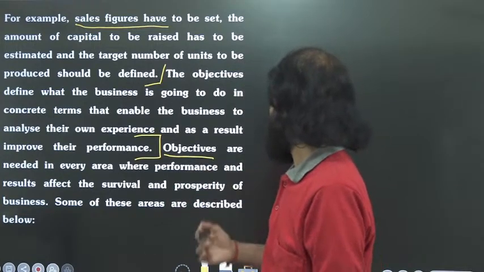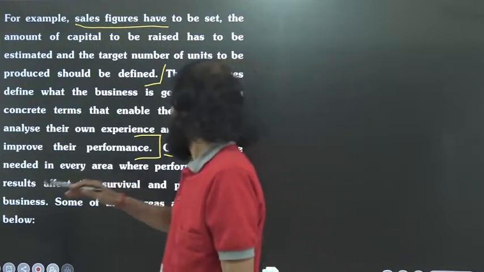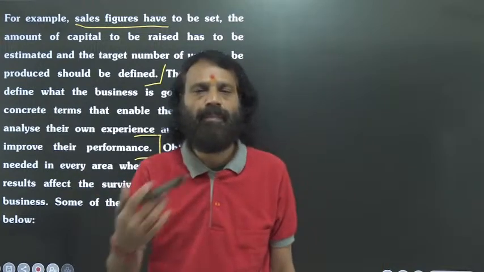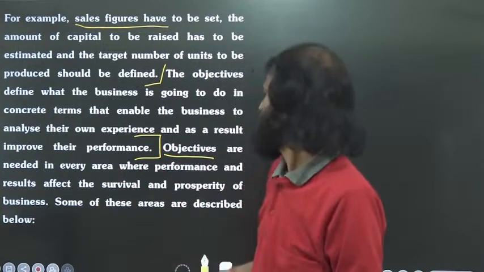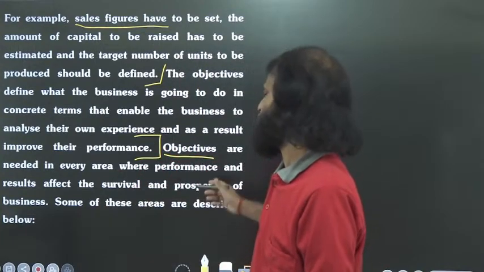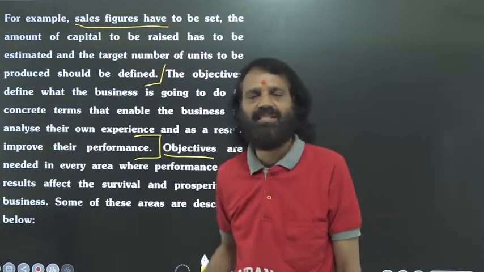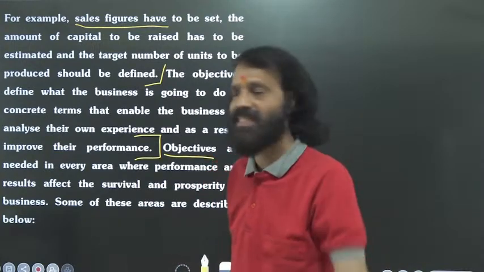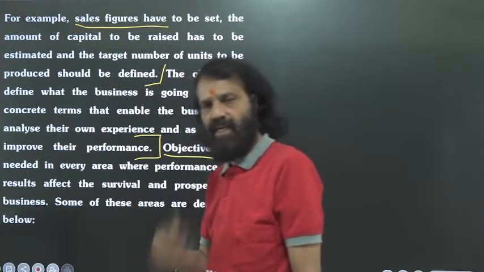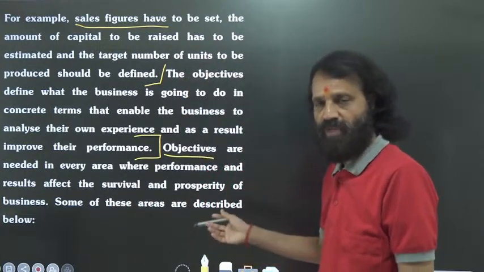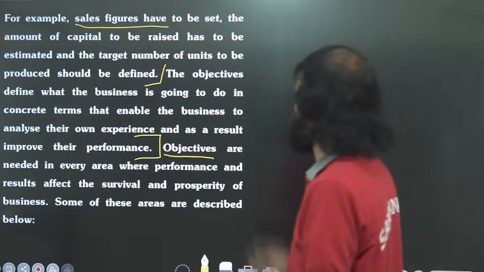Your performance as well as the result would be affected by your strategies and its implementation. Then only the survival and the prosperity of business take place. Then only you can grow your business in a better way. Some of these areas are described below. We can go further and understand more about this topic now.